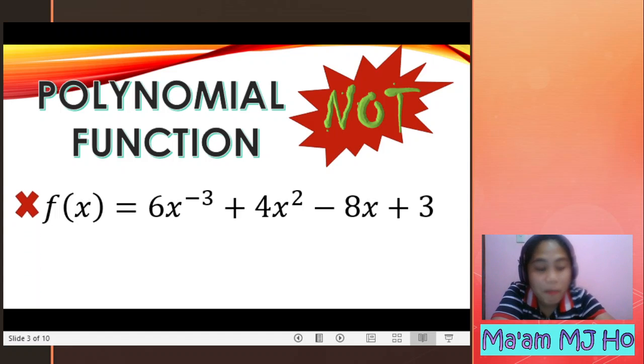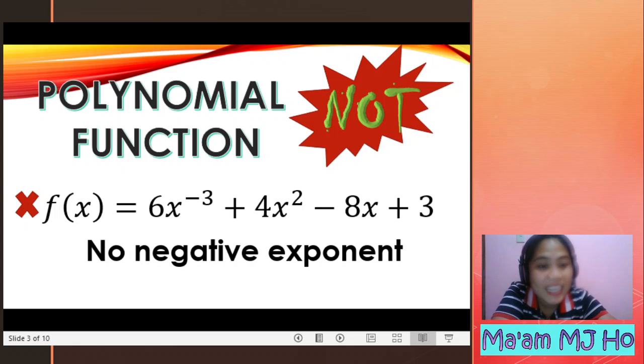So this is not a polynomial function simply because we have a negative exponent. As I have said in our definition of a polynomial function, n should be a non-negative number. In this case, or in our given function, we have a negative exponent, specifically negative 3 or the exponent of x or the exponent of leading term.